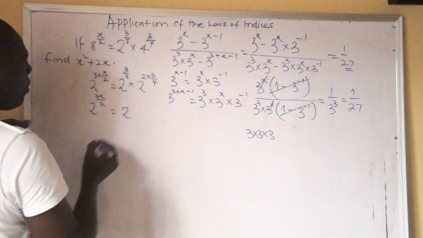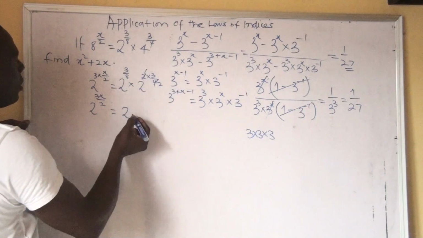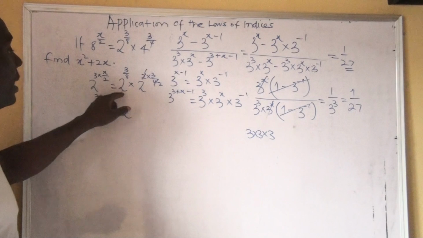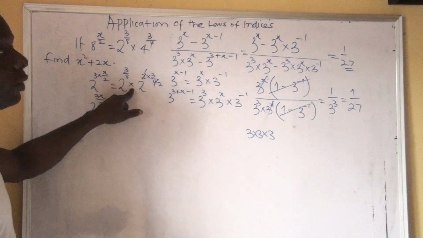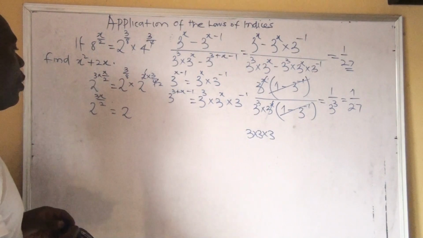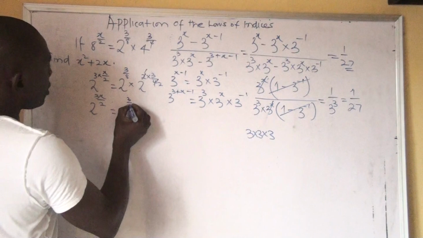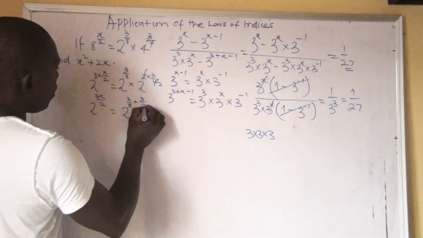Here, 2 to the power 2 in 4 is 2. Because the bases here are the same and there's a multiplication sign, we use the law of indices. So here will be 2 raised to the power 3 over 8 plus 3 over 2.